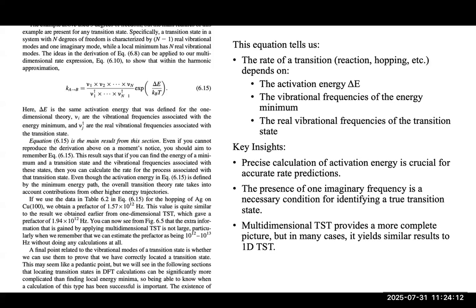Once you choose the critical points, they have definitions. The definition is gradient of E equals 0. So that's the definition of these critical points.